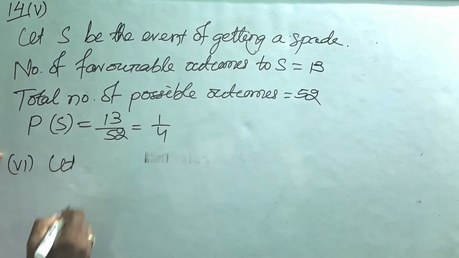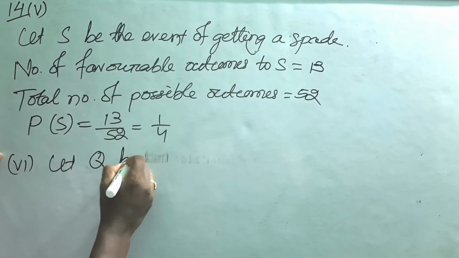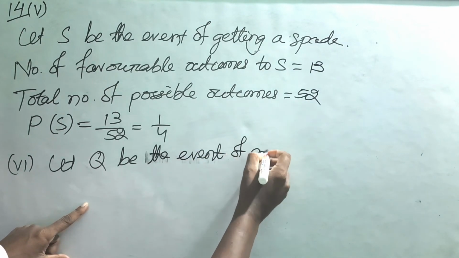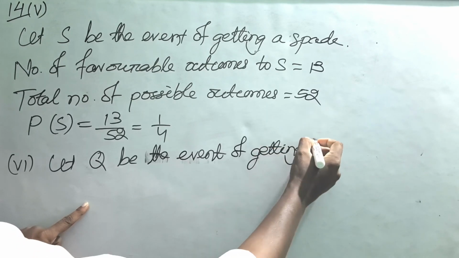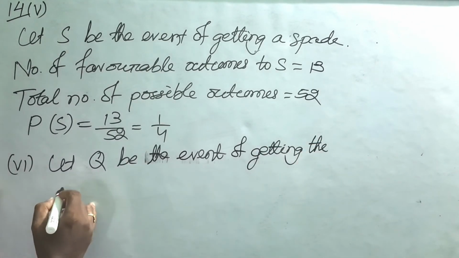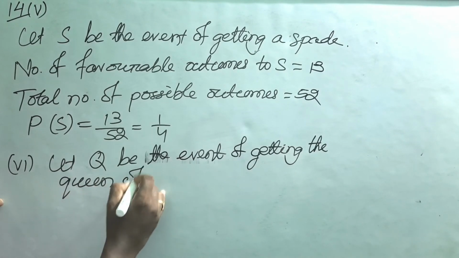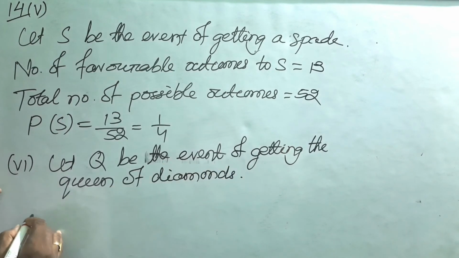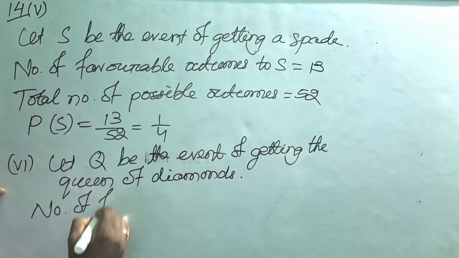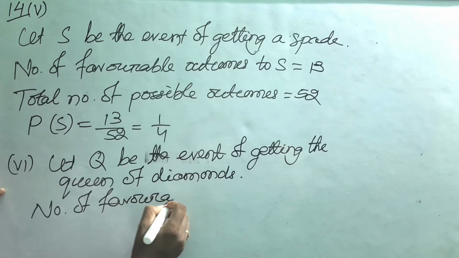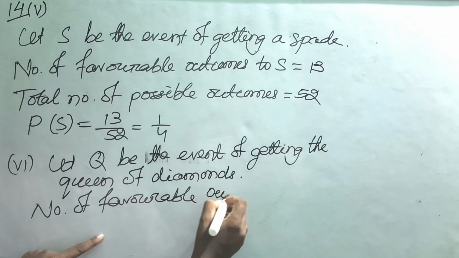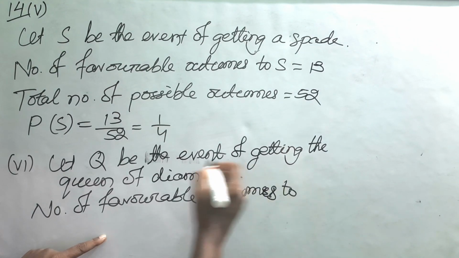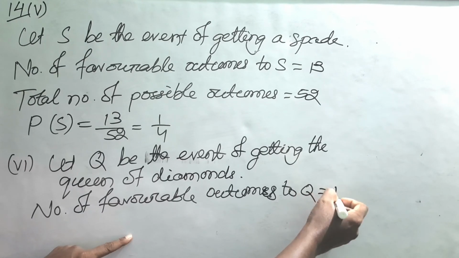So you write down, let Q be the event of getting the queen of diamonds. Then the number of favorable outcomes to event Q is how many? 1.